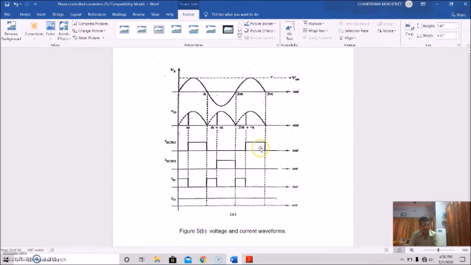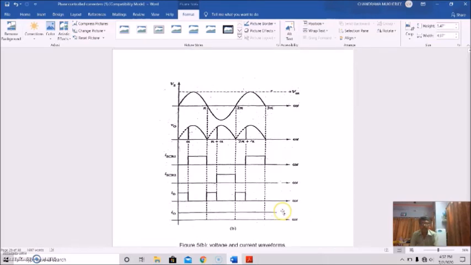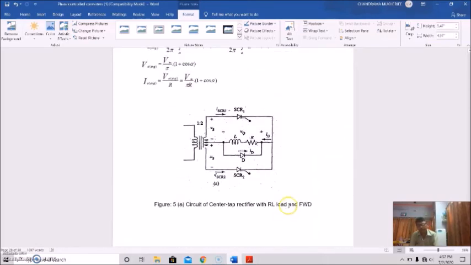We started these discussions of the single phase full wave center tap type converter firstly with resistive load, then with resistive inductive load, or highly inductive load, and then in addition with this inductive load we connected a freewheel diode across the load, and we have seen the clear modification of the voltage and current waveforms of the output, load output voltage, current, and through thyristors 1, 2, etc.